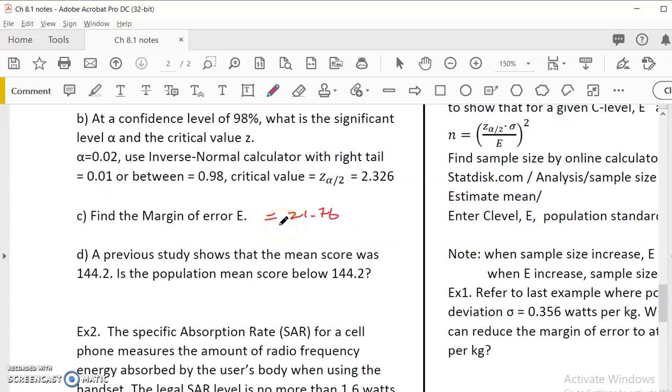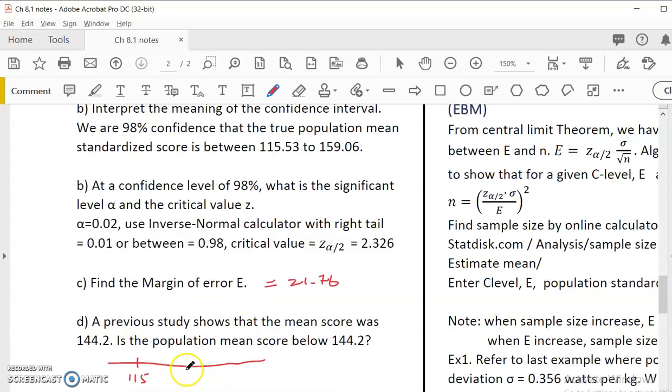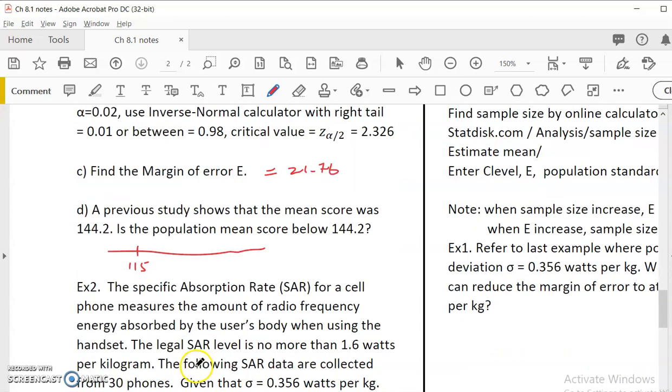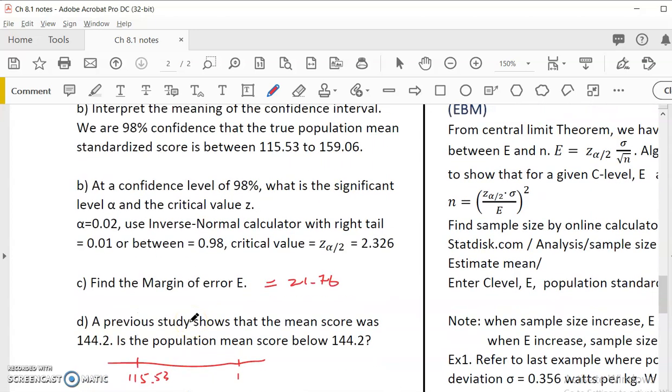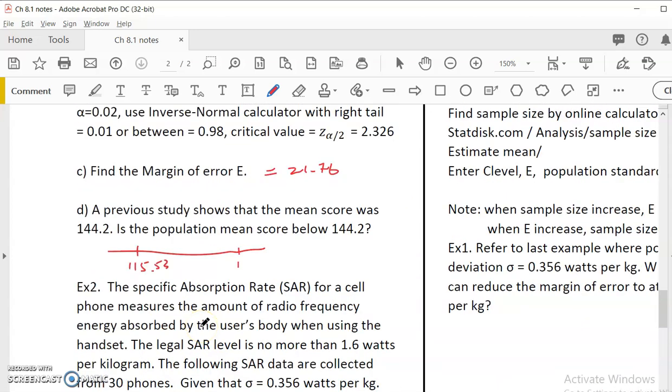So if I draw a number line, the new mean can be from 115.53 to 159.06. So any of these numbers could be mu. Are all of these below 144? No, 144 is here. This part is below, but some of them are not.